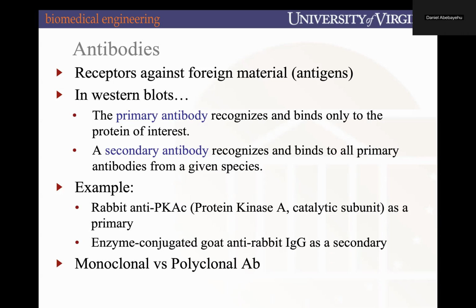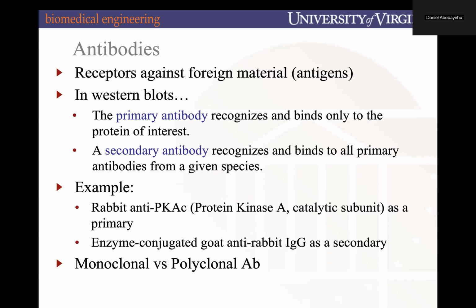And so you'd want species that are far enough apart, where your secondary antibody originates from a separate species and recognizes, matches, the species of your primary. That's another thing to be mindful of.